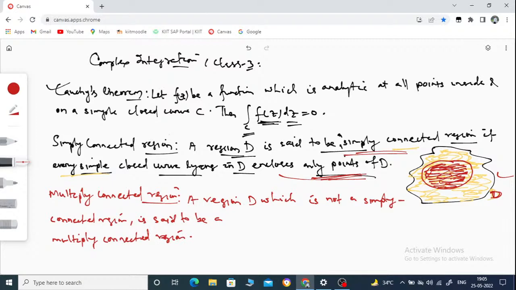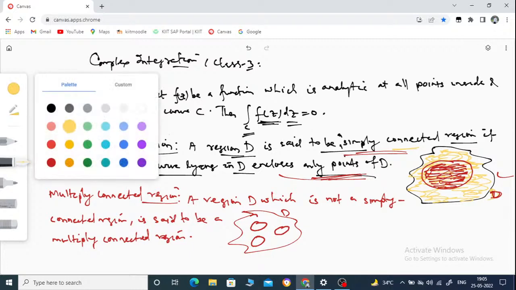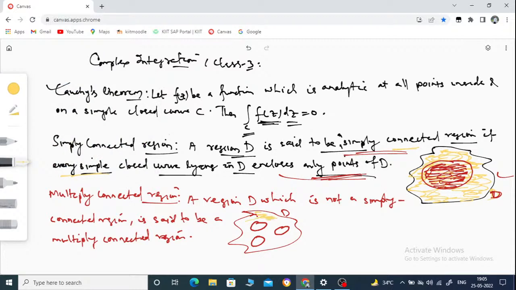So how does a multiply connected region look? Suppose this is a region D which includes only these points, not including the points inside these three closed curves.